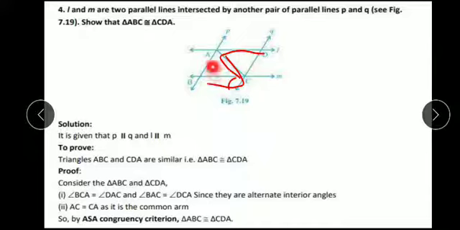And in these two triangles, AC is the common side. So AC equals CA, as it is the common arm. So in both triangles, two angles are equal and one side is common. So by the ASA postulate, we can say that this triangle is congruent to this triangle.